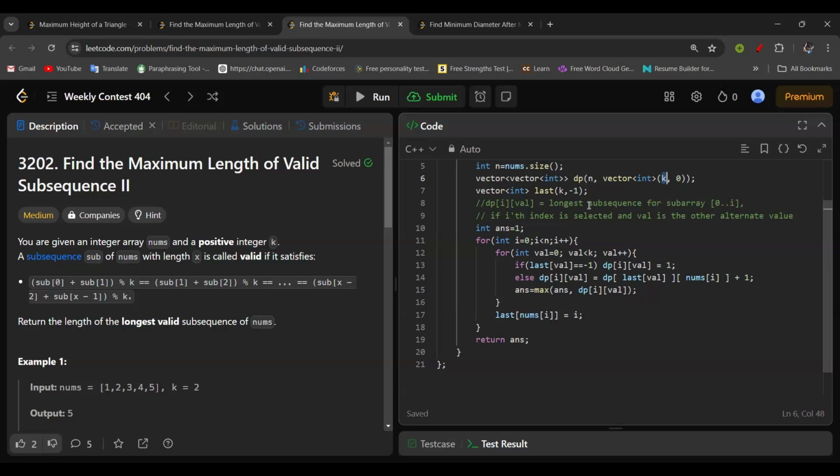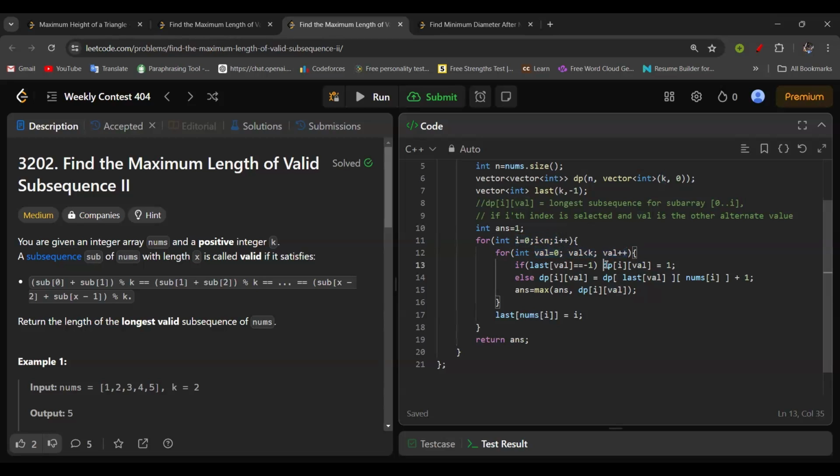If it's taking the help of past values, you iterate forward. Here my transition was taking the help of past values, so I'm iterating in the forward direction. I'm going with a bottom up approach, you can say. So I'll iterate i from 0 to n, and val would iterate from 0 to k.